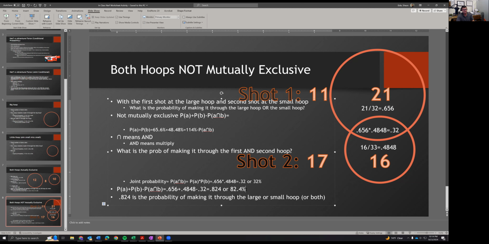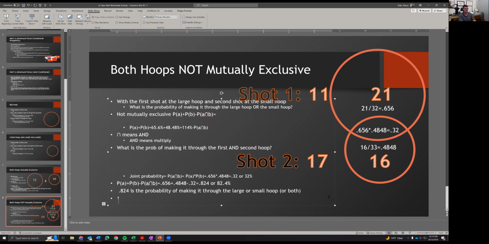And then we can use the complement rule. What's the probability that you don't make it through either? So if you do 1 minus 0.824, that will give you the probability of not making it through either, which is roughly 0.176 or 17.6%.